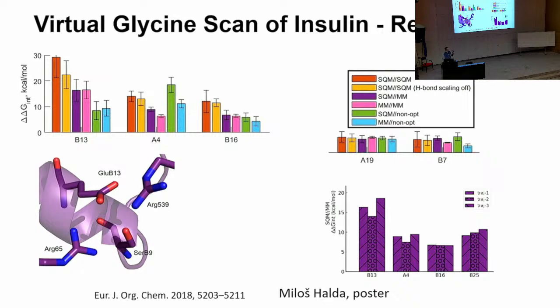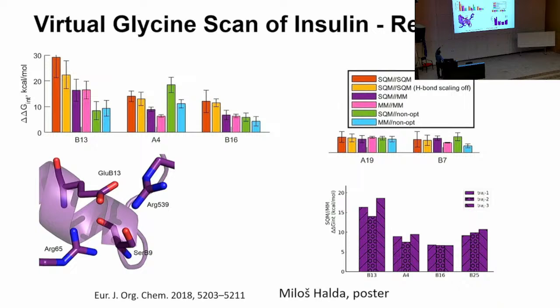That means that we calculate the interaction of the insulin with insulin receptor, and then we exchange the residue in question, so let's say this B13 glutamate, with glycine, and calculate the interaction again. And the difference between these two is the contribution of this side chain. So these columns mean how much these side chains contribute to the binding.